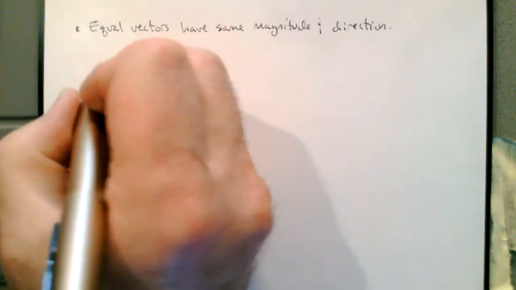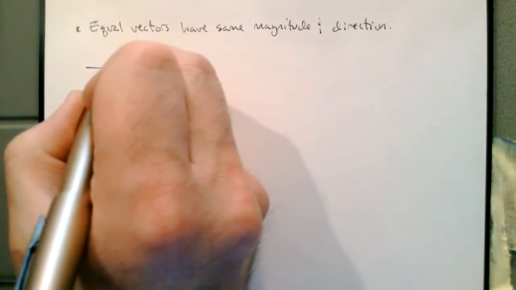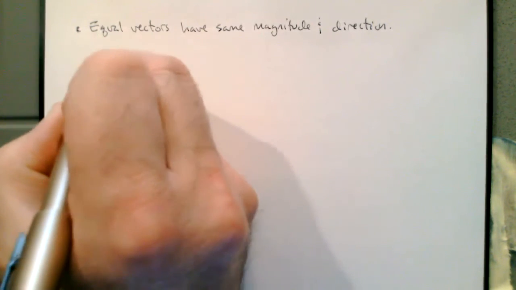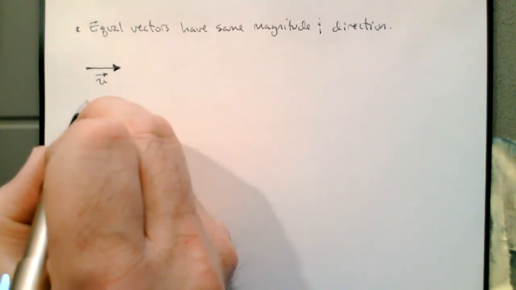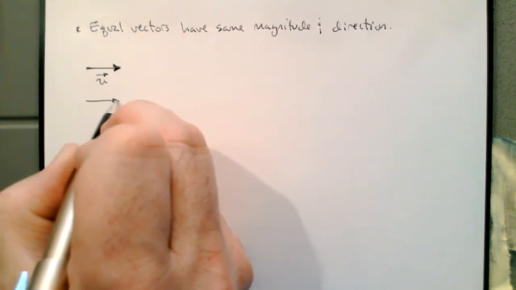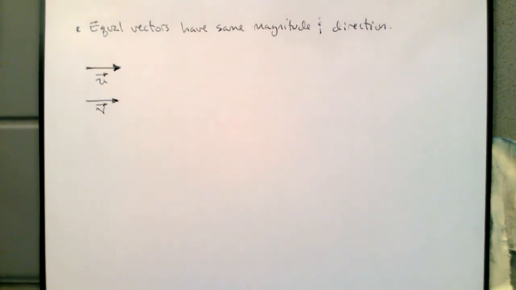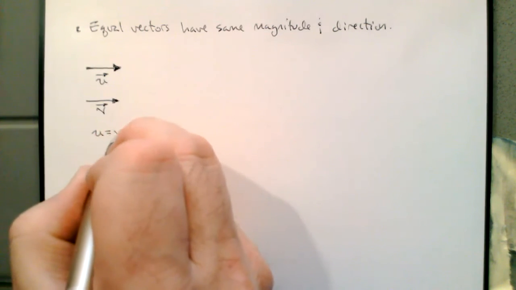So let's say this is the vector u, and down here we have the vector v. Both u and v have the same magnitude and direction. U is equal to v.